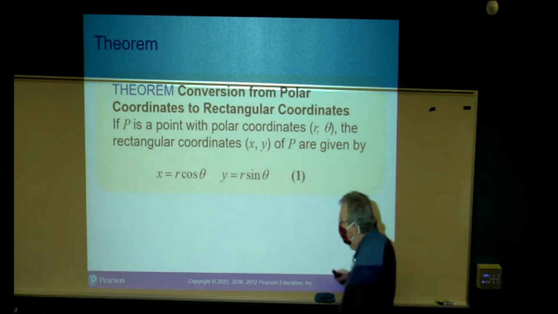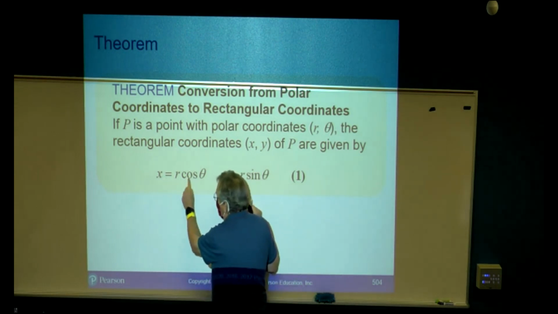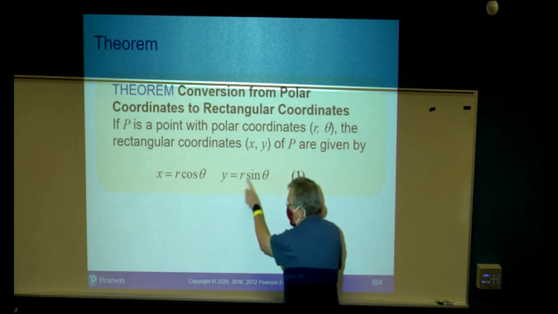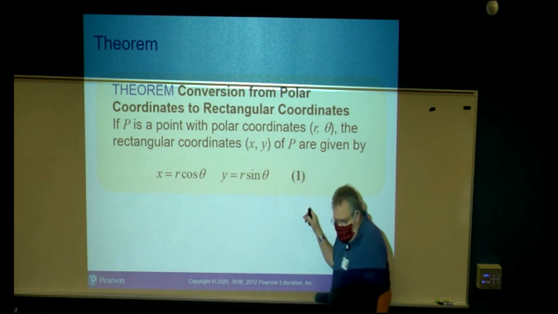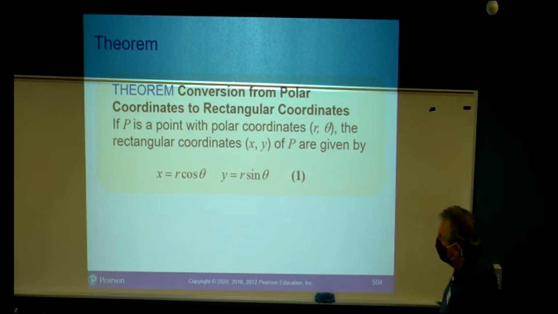And if you remember from the unit circle, the x is the cosine. Well, it's the same formula. It's just the radius is 1 for the unit circle. So you have the same formula. And just now we're going to have different radii. So the sine and cosine is from the unit circle, and then you just multiply by the radius.